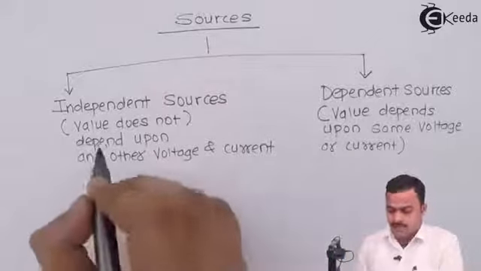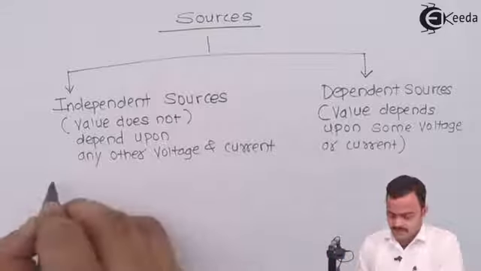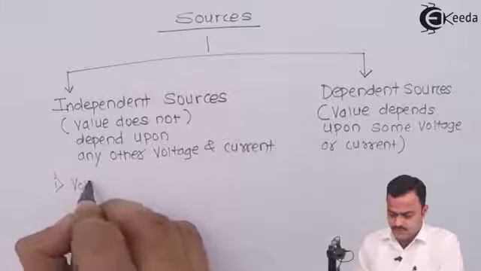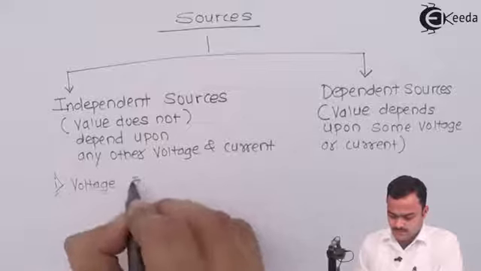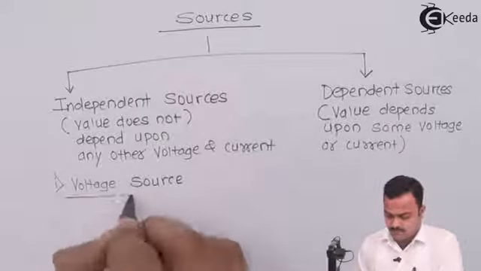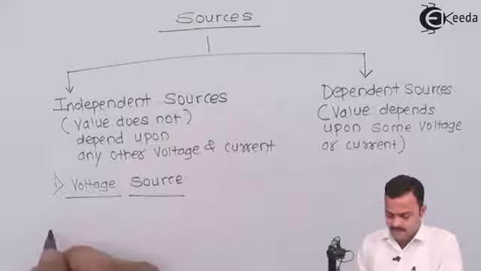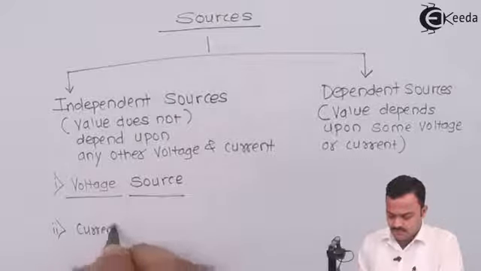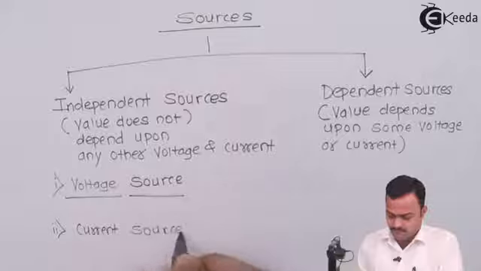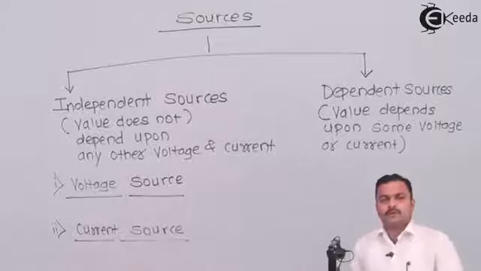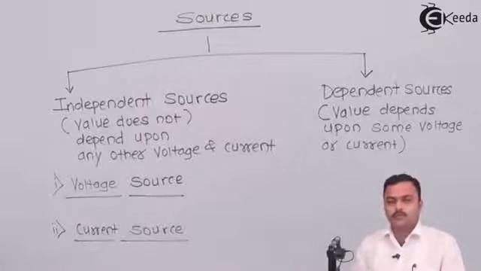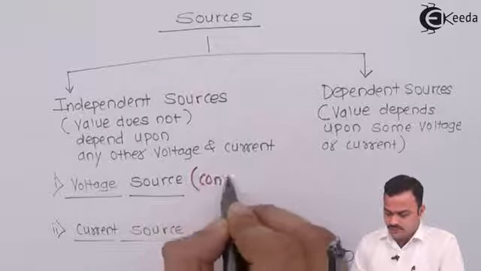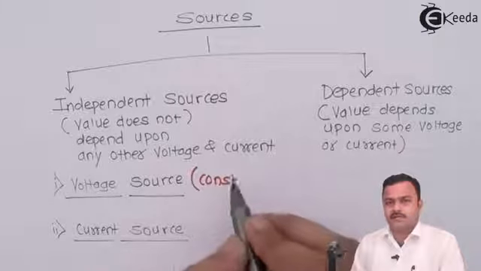There are two types of independent sources. One we can say a voltage source, and the second is a current source. So what will a voltage source do? It will provide a constant voltage irrespective of any amount of current taken from it.